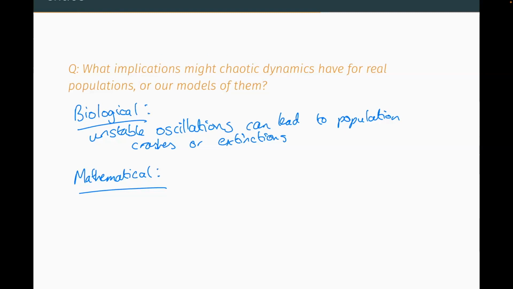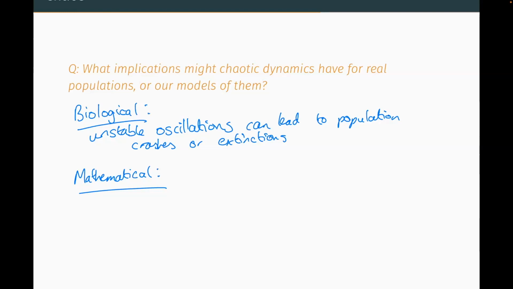So why might chaos be problematic if we want to make predictions using our models? Just make it unpredictable in the future. Yeah, so just like the weather, right? We can only predict for a relatively short period if we have systems that exhibit chaotic dynamics.